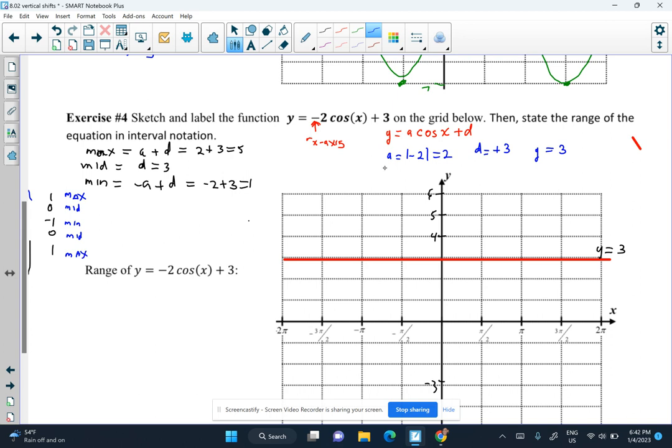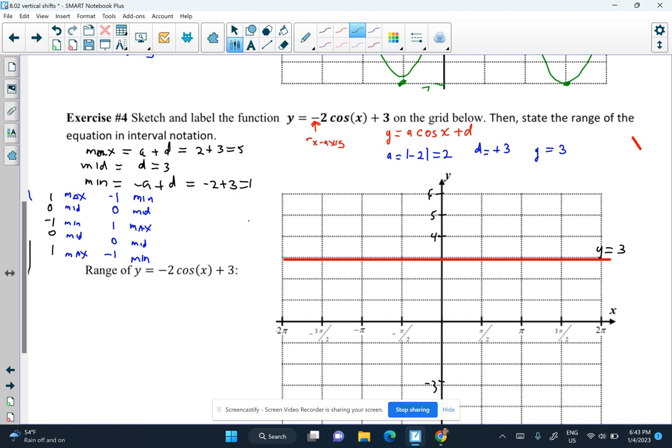But because you're reflecting the graph over the x-axis, when you reflect something over the x-axis, the y values change sign. So the 1 becomes a -1, and the -1 becomes a +1. So in essence, our pattern is now minimum, middle, maximum, middle, minimum. And that's because you're reflecting it over the x-axis.